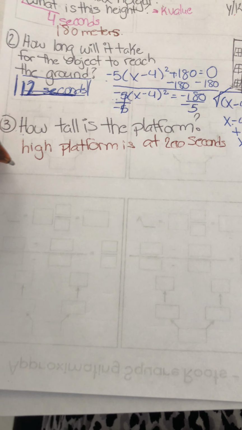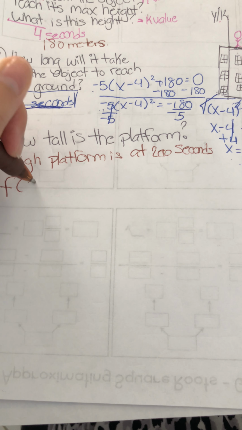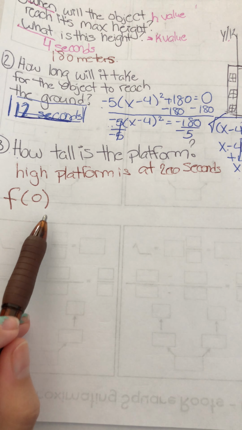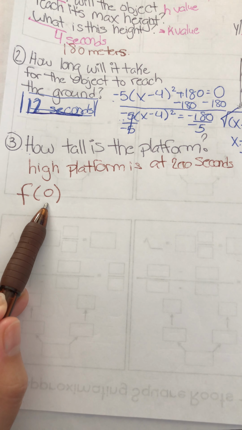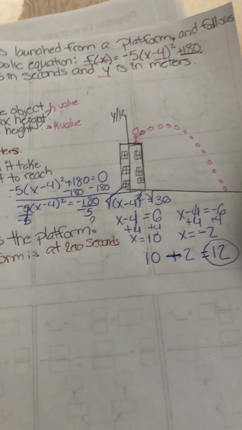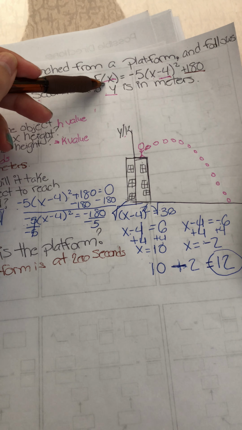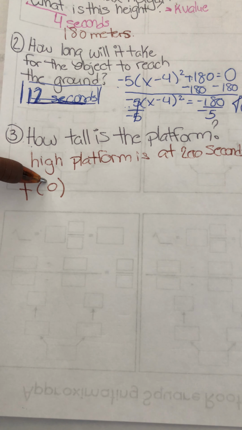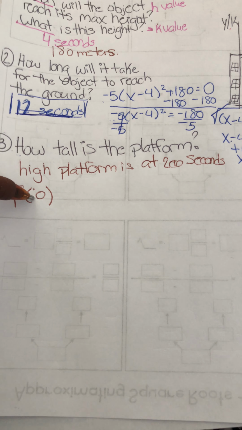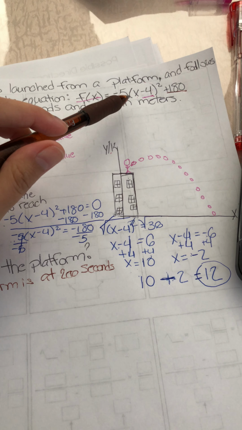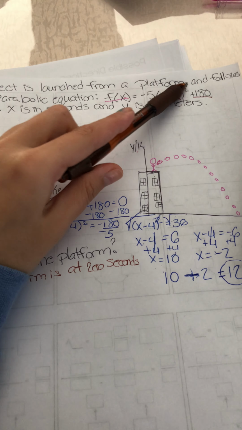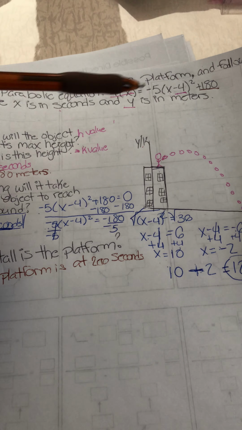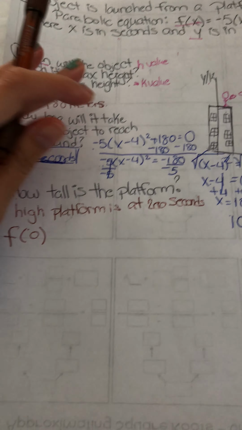That means f of 0. What I do when it's f of 0, or at 0 seconds, because remember x means seconds, there's an x right here, that's why I put the 0 there. I'm plugging in 0 every time I see an x in this equation and solving to figure out what that y value is or what that meter is.